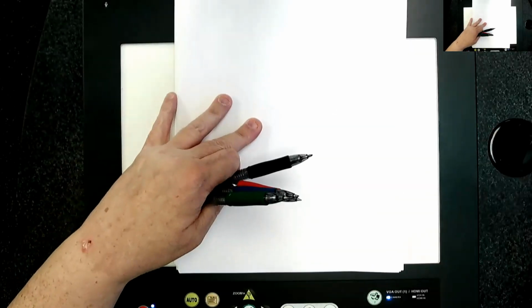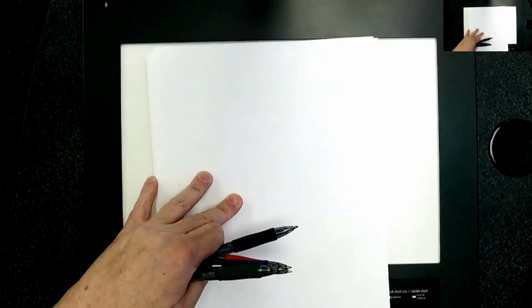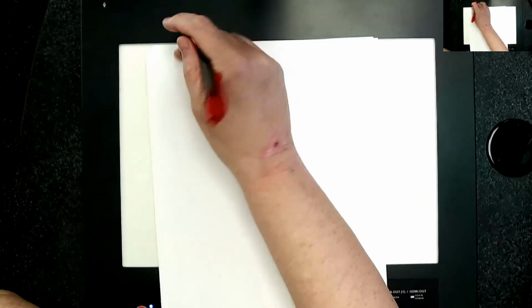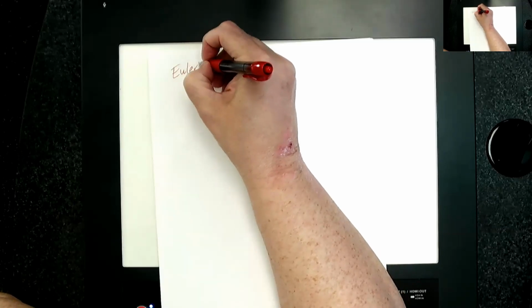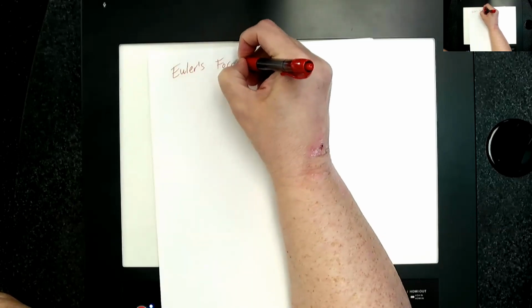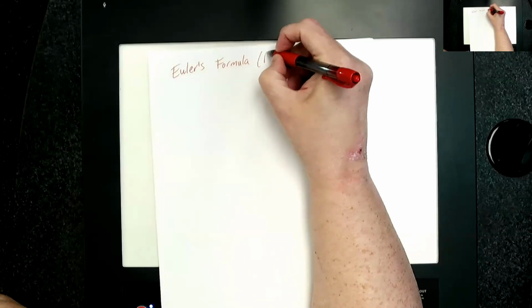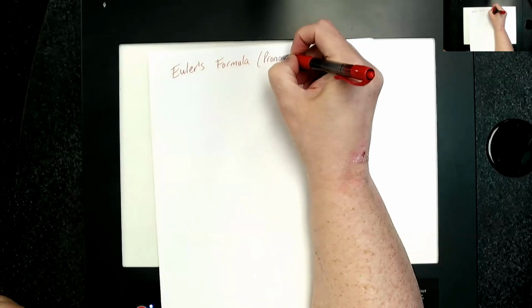All right. So isn't it wonderful that the hyperbolics tie into the exponentials? That's pretty great. So do the trig functions. Euler's formula. And yes, it's pronounced Euler.